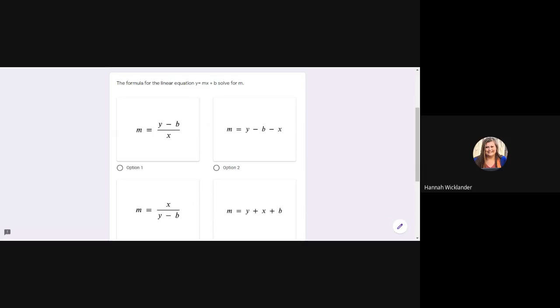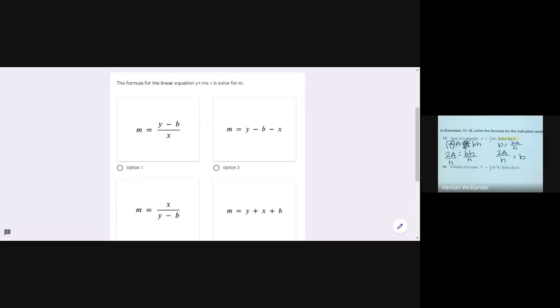So let me put my camera back on. Get a piece of scratch paper. Okay, so the formula for the linear equation is y equals mx plus b. Now, we are wanting to solve for m.